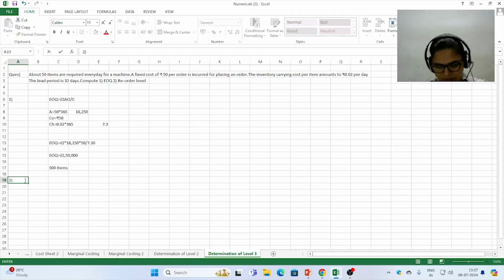Reorder level is maximum usage per day into maximum lead time.